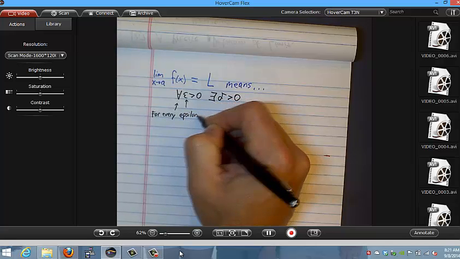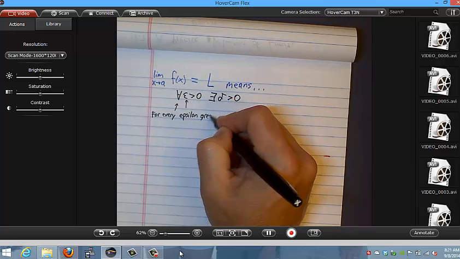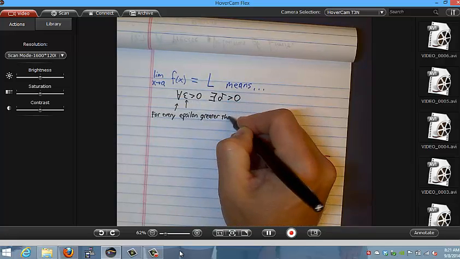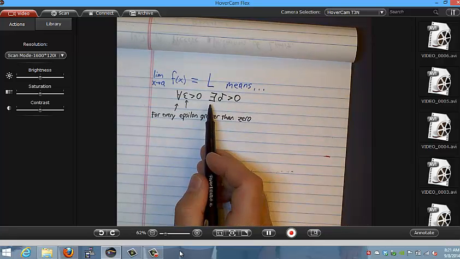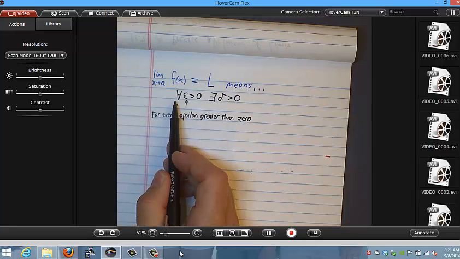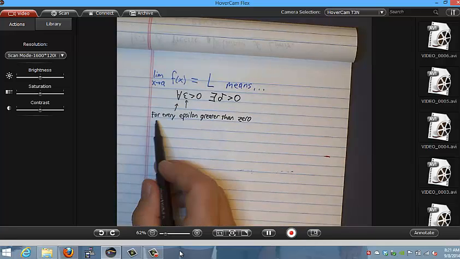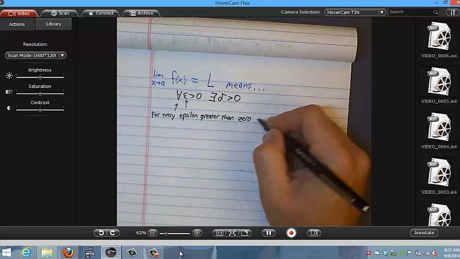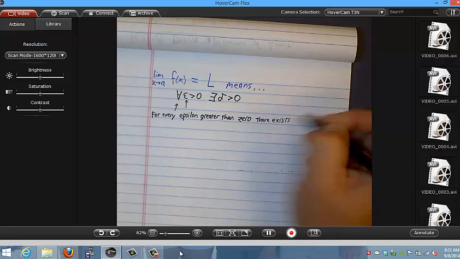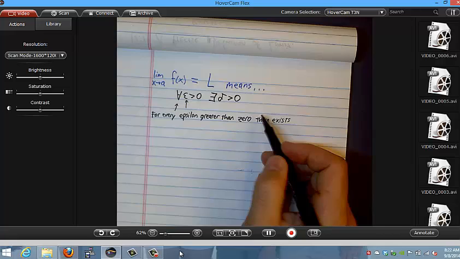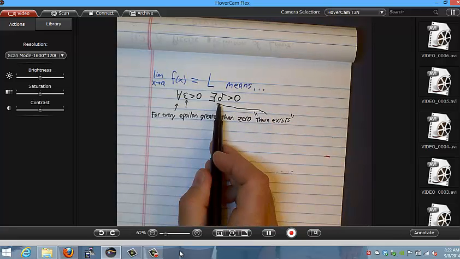For every epsilon greater than 0, and then the backwards E stands for something just like the upside down A stands for something. These are just phrases that are used all the time in mathematics. For every epsilon greater than 0, there exists, that's what this backwards E means, there exists, and do you guys know what Greek letter that is?